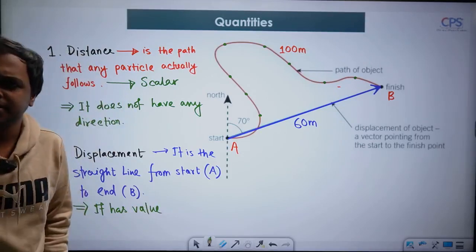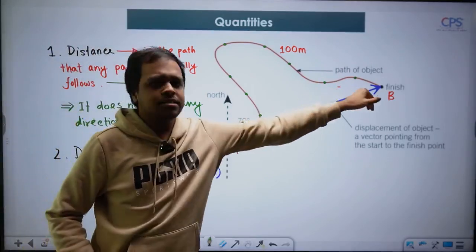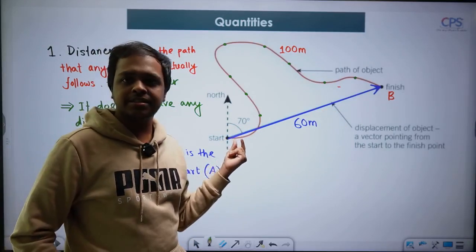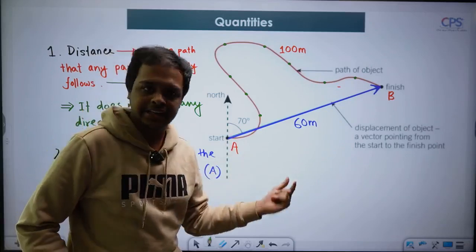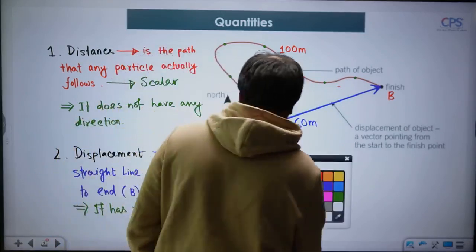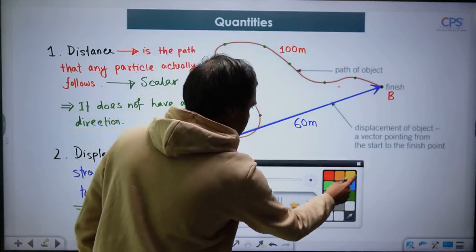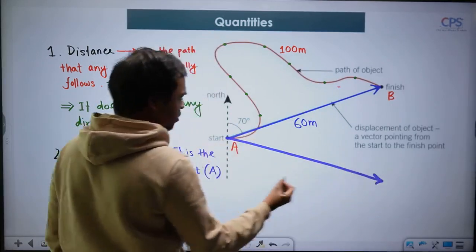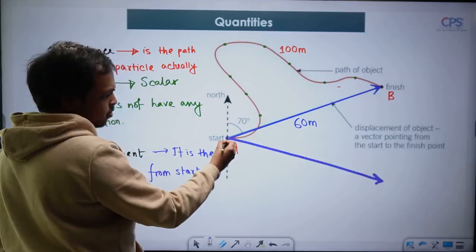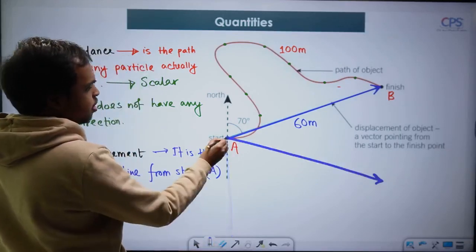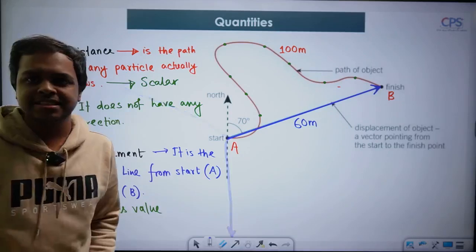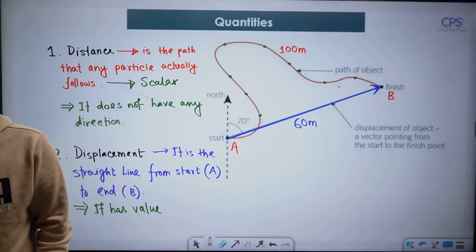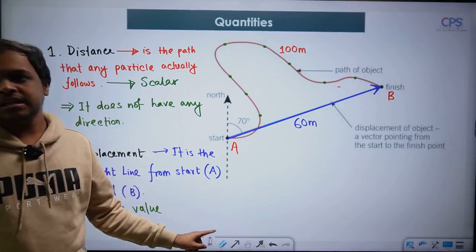And what else does it have? I can tell you to go 60 meters in any direction, right? I can tell you to go from here 60 meters, but I didn't tell you to go there. You might go this way, 60 meters. You might go this way, 60 meters. All are 60 meters. But what's the point? You are not getting to the right destination.